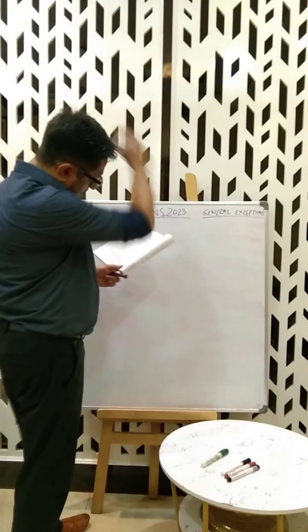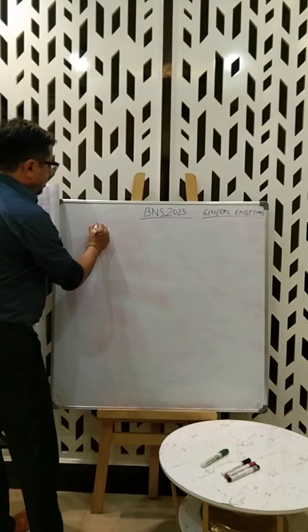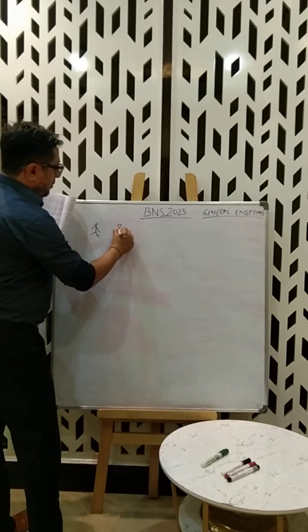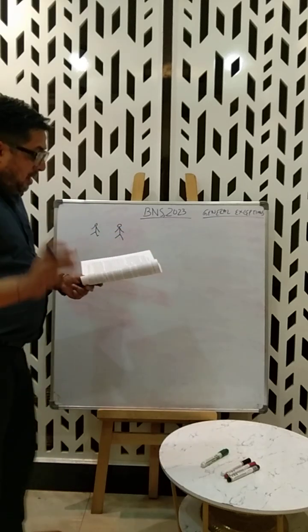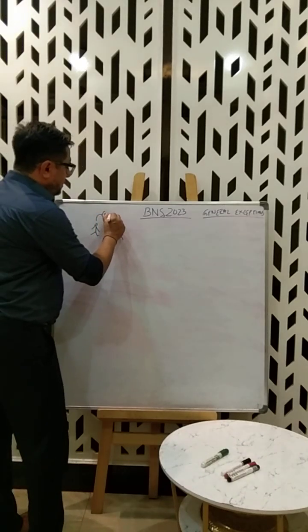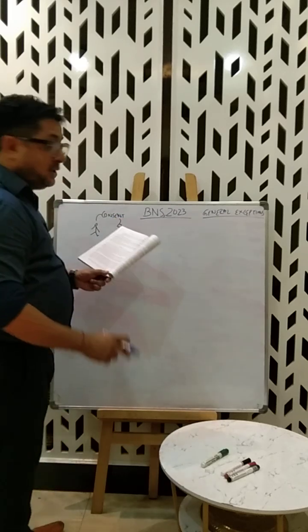The first group would be this fellow and this fellow. They do something by consent. This is the first criteria.